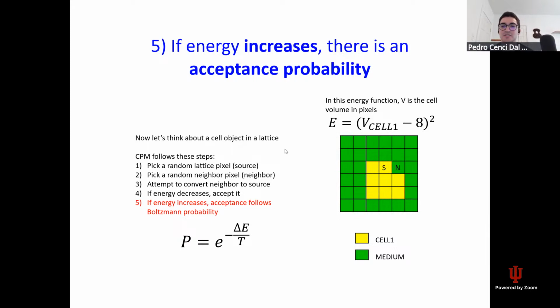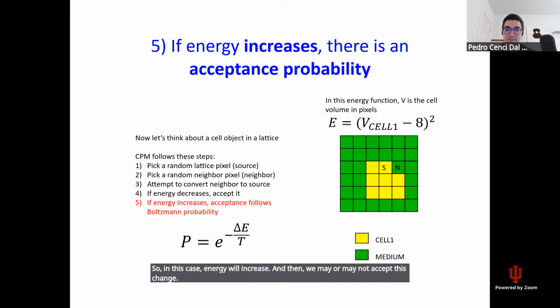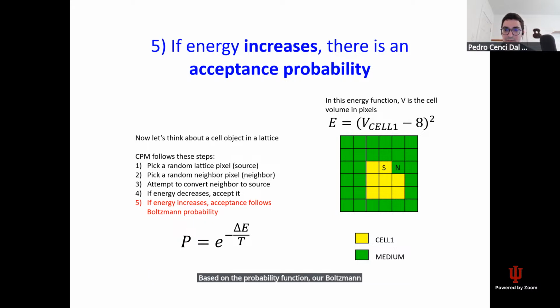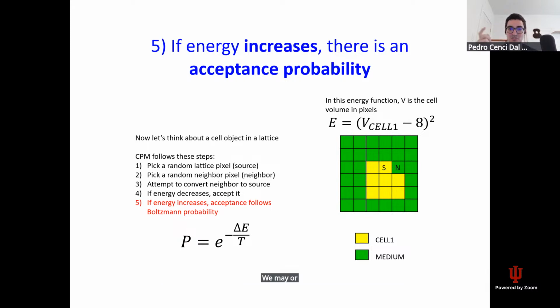So in this case, energy will increase, and then we may or may not accept the change based on the probability function, our Boltzmann probability function. Depending on our tolerance parameter, we may or may not accept this change. All right? Okay, I will keep going.